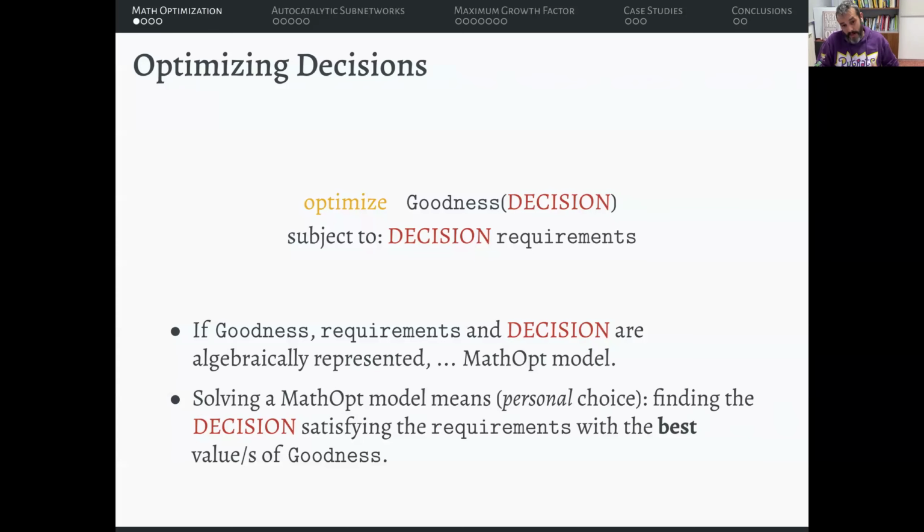Every day, many companies, governments, and organizations make decisions based on solving this type of problem, because you can represent your decision problem as a math optimization problem, then use the tools that we have to solve these problems and make decisions efficiently.